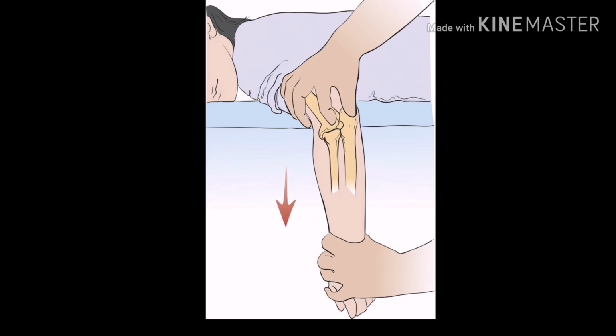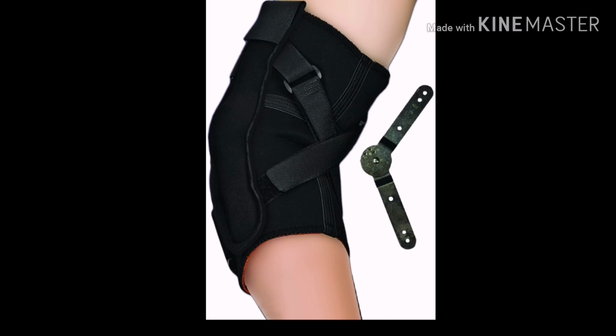For posterior dislocations, reduction should be performed with the elbow flexed while providing distal traction. Neurovascular status should be reassessed, followed by evaluation of stable range of elbow motion. Post-reduction radiographs are essential. Post-reduction management should consist of a posterior splint at 90 degrees and elevation.